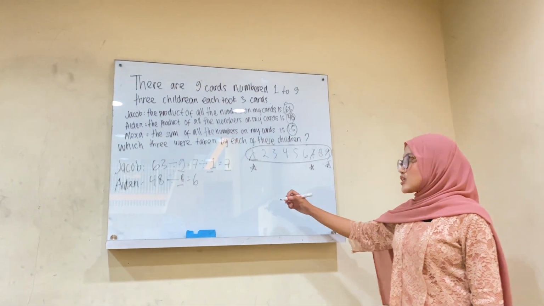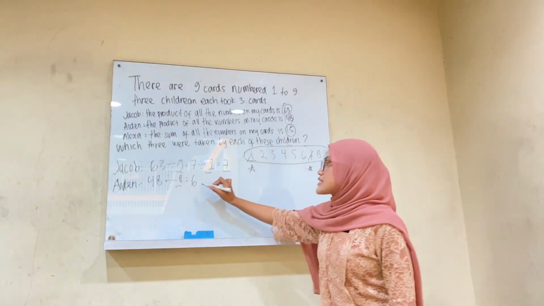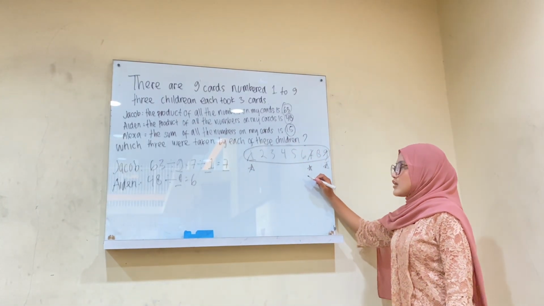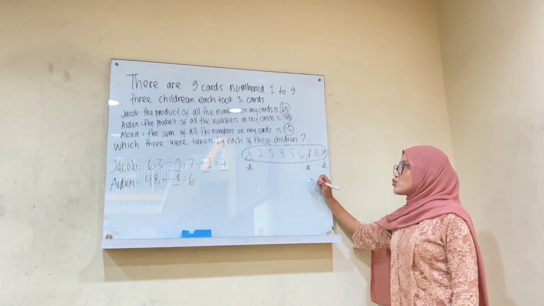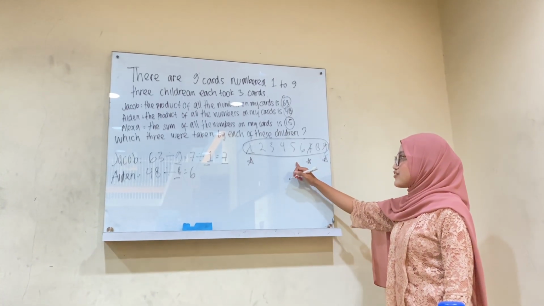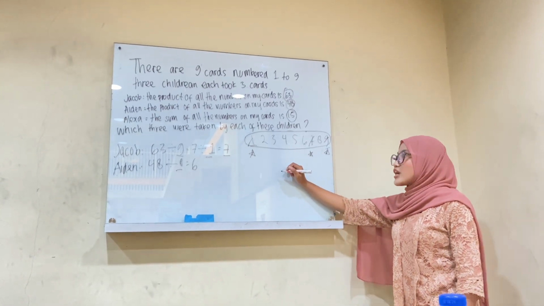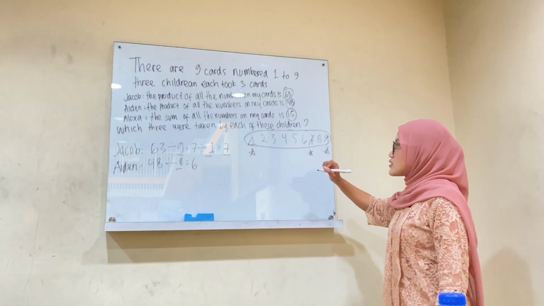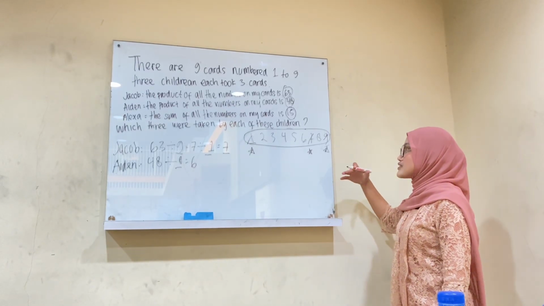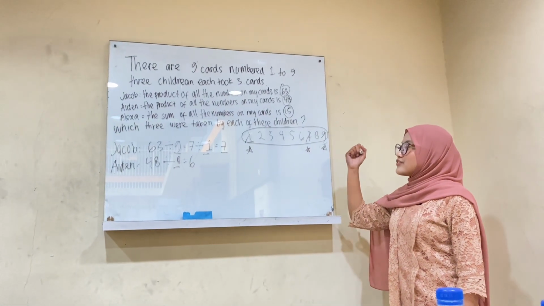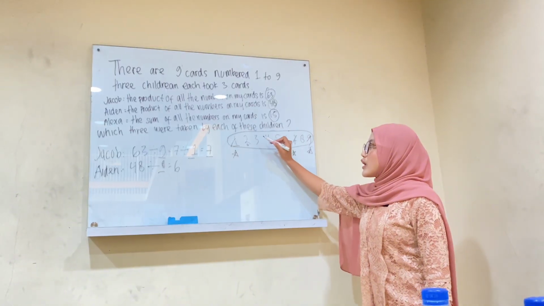Okay, we know that 8 is on his card, so we're gonna search for 2 more cards by dividing 6. Is 6 able to be divided by 5 and 4? No. 6 is only able to be divided by 2 and 3.